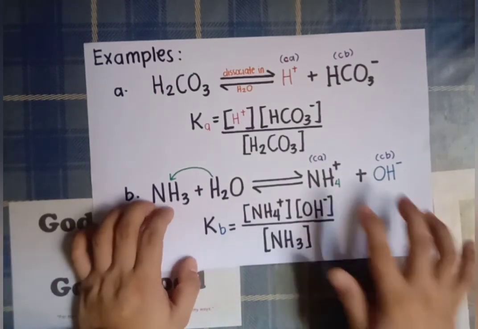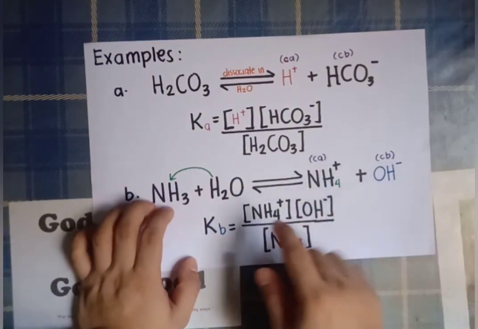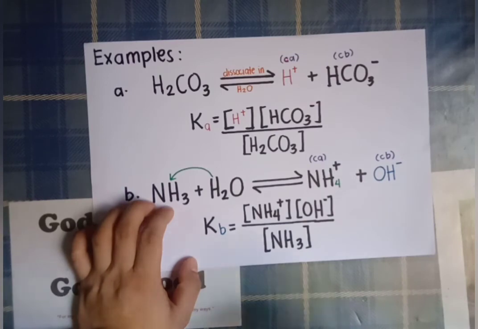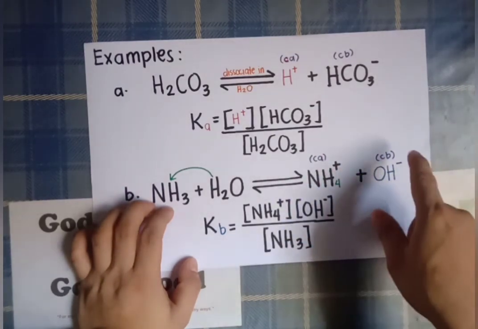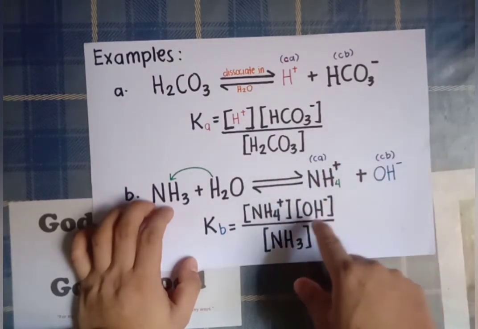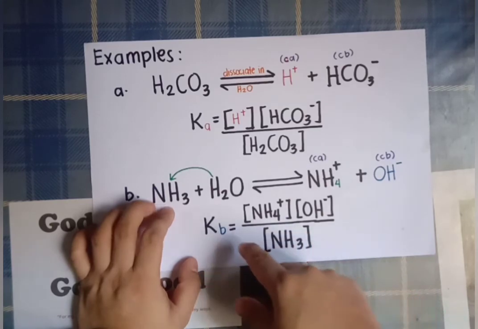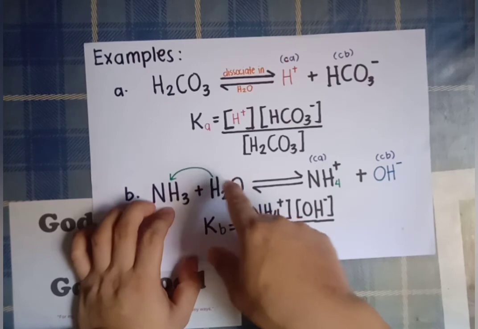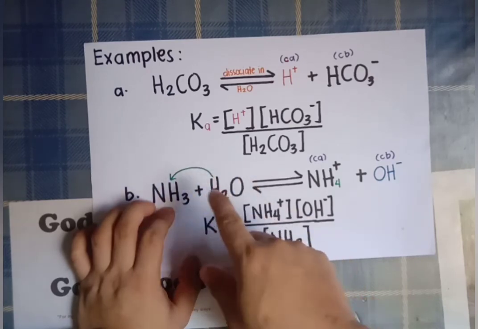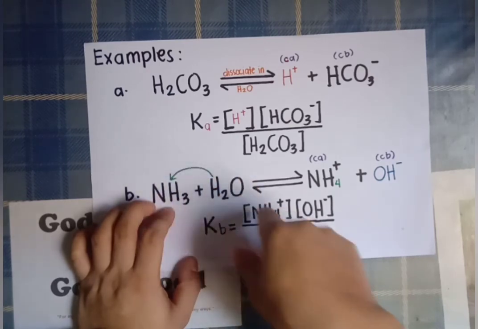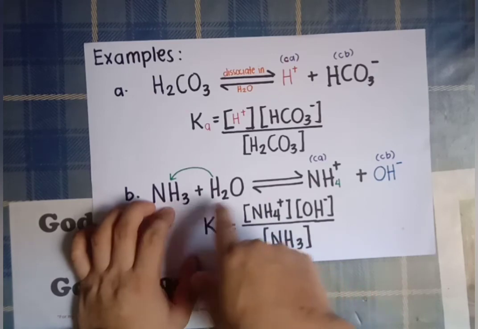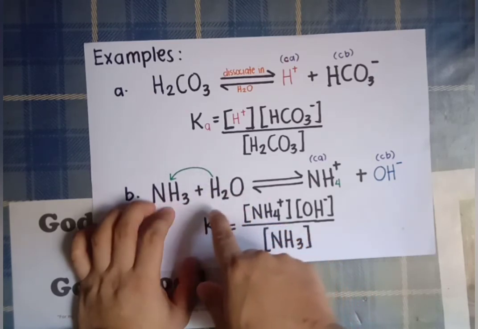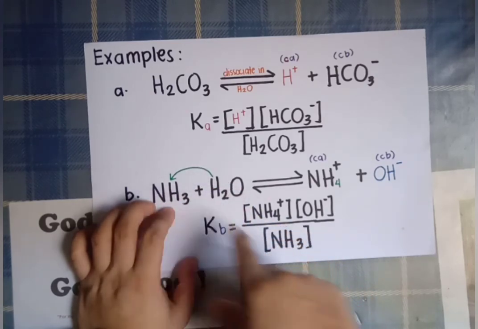Now our products here are NH4 and OH, so those are the products that can be found on the numerator side, and our reactants here are NH3 and H2O. However, again, H2O has negligible effect to the solution, and therefore we can cancel this one out, and instead of writing NH3 multiplied to H2O, we can just write NH3.